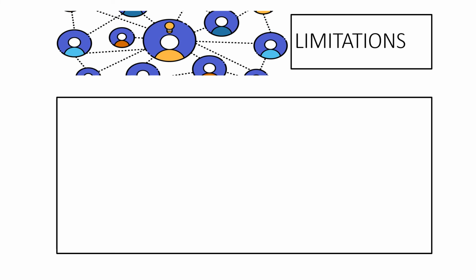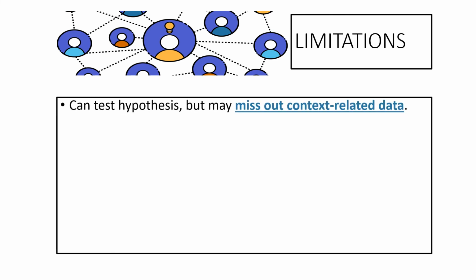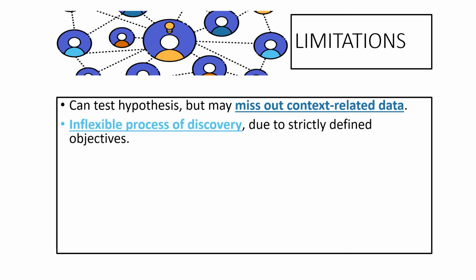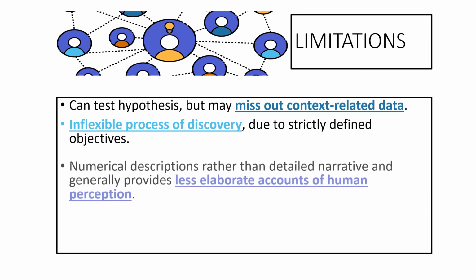Now, the limitations of quantitative research include that the context-related data can be ignored. Inflexible process of discovery, due to the structured nature of quantitative methods, data collection, as well as data analysis would not allow a researcher to discover facts that would be underlying phenomena.